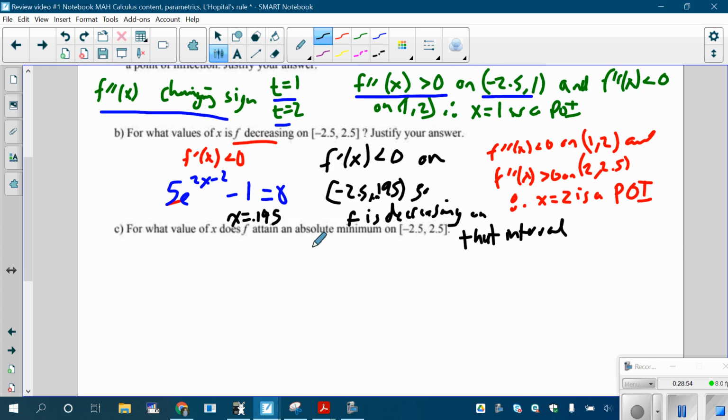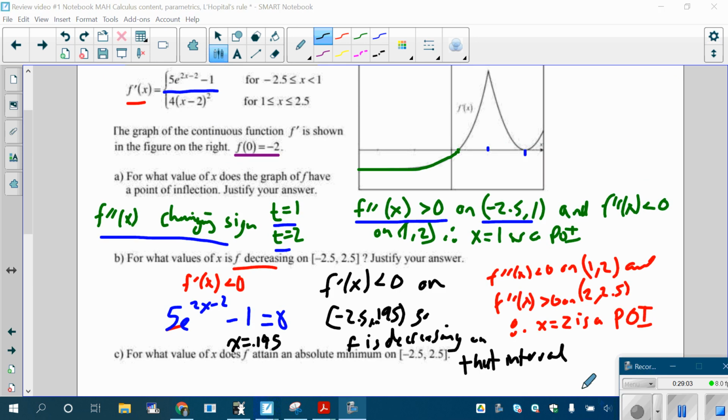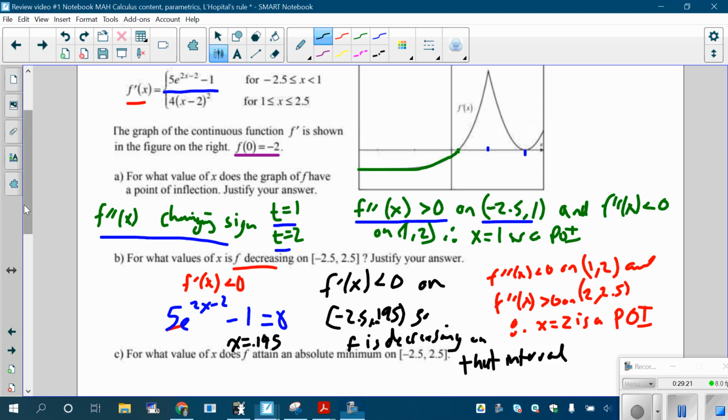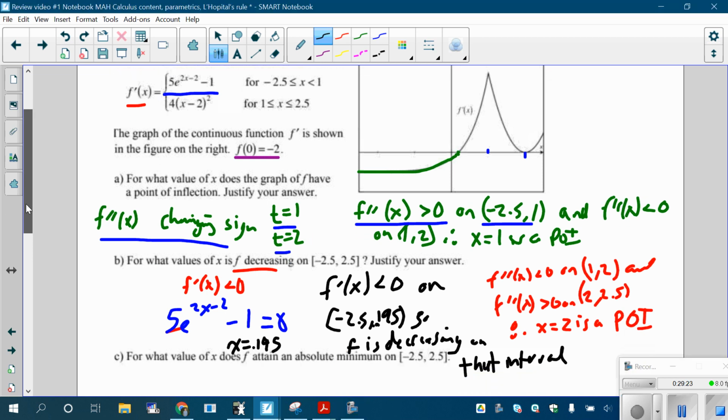Okay. Last question here, it says, for what value of x does f attain an absolute minimum? The normal way to find absolute extrema is to check the critical points and the endpoints and figure out the values of f. I'm not going to do that here because we can do it without doing that.